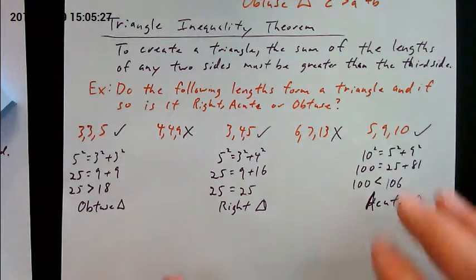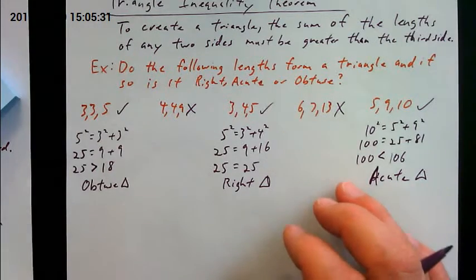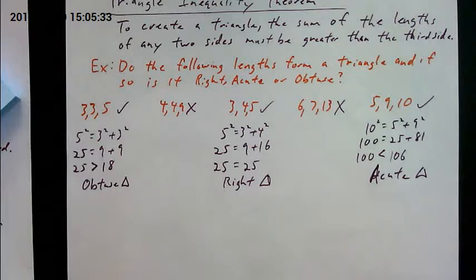Now, there is one other thing that we can do with this theorem, and that's identify a range of values that could be the third side of a triangle if we knew the lengths of two of the sides.